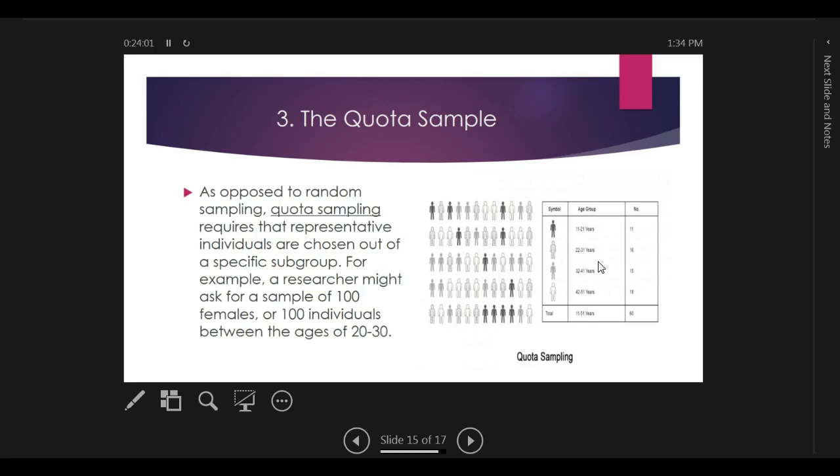You're specifically looking for a specific quota or number to represent your picked participants. You can say, I want to cover 10 participants. 3 of them should be in early ages, 3 middle ages, and the other 3 older or veteran ages. This is just an example. However you want to specify a quota, then this means that you are following quota sampling.